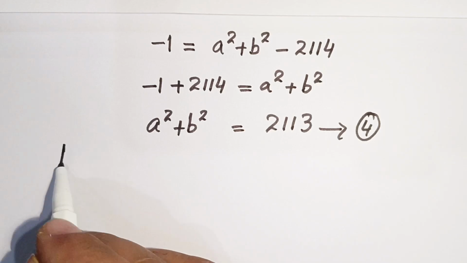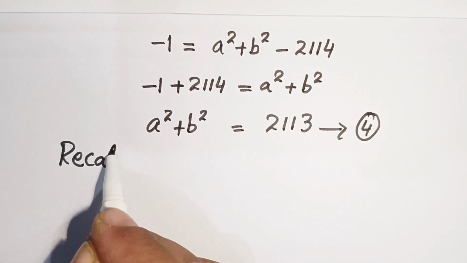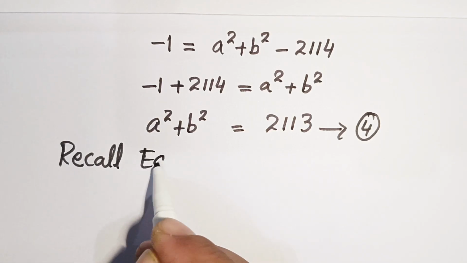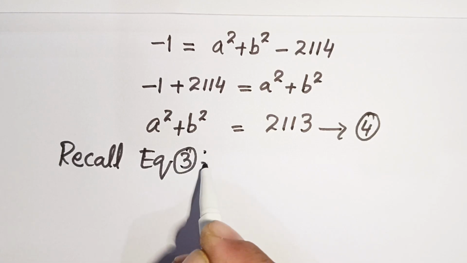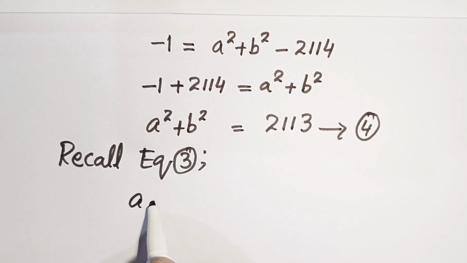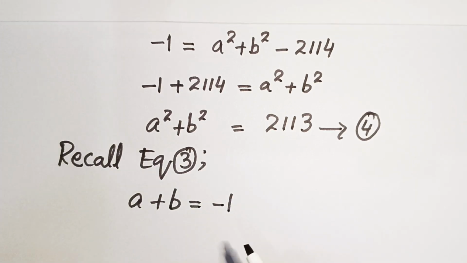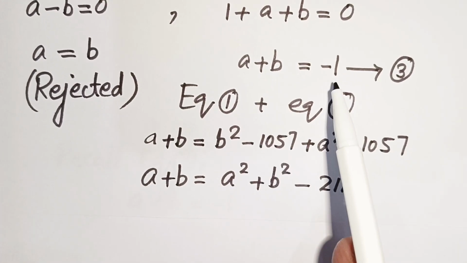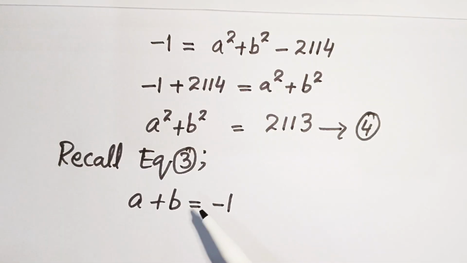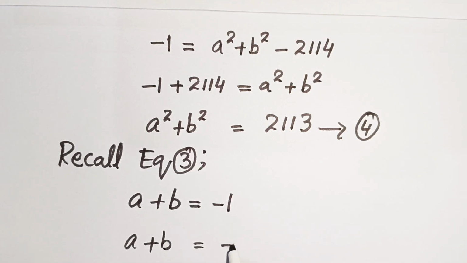Now let's recall equation 3. Equation 3 is a plus b is equal to minus 1.